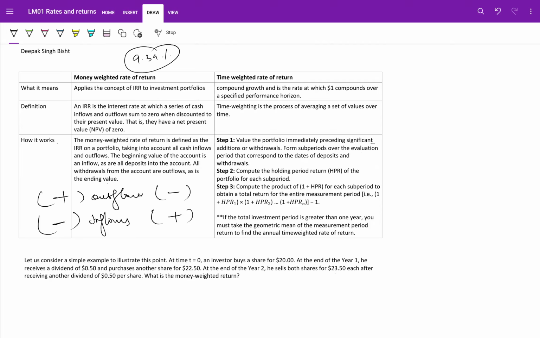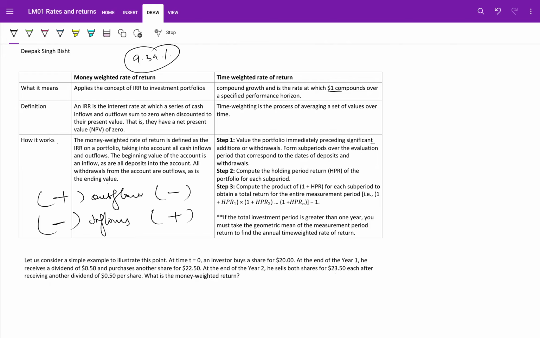But both of these are a measure of return. Time weighted rate of return measures the compounded growth rate over a specific performance horizon. In the process of calculating it, we first break down the overall period into sub periods based on the dates of the cash inflows and outflows.